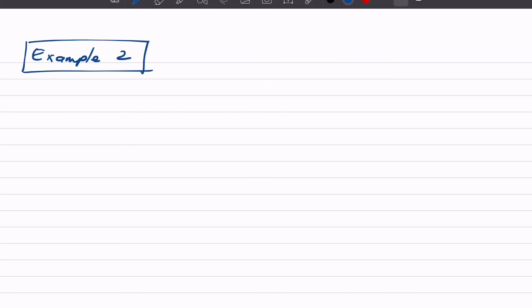They said find the value of 5 plus 2 1 over 4 plus 1 over 8. This is the question. All the whole numbers are gathered together. Remember, all the whole numbers are gathered together.